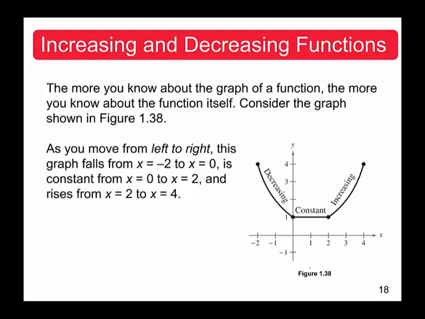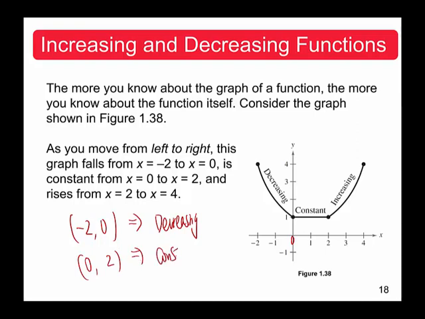categories. First one is the decreasing interval. In this case, from -2 to 0. This is definitely a decreasing interval, meaning it's going downward. And from 0 to 2, interestingly, it remains flat. Remaining flat indicates it's a constant interval. It doesn't go up or down, so it's constant.